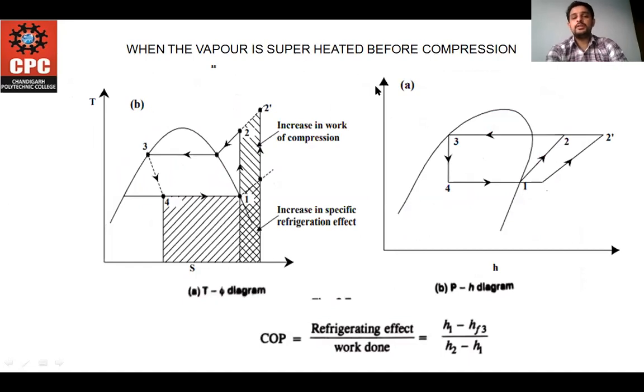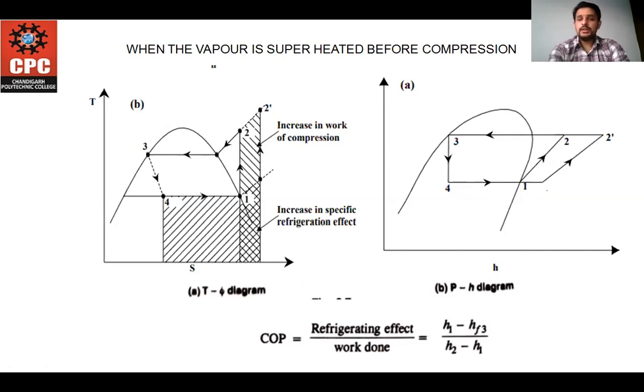Next is when the vapor is superheated before compression. As you can see in this case, they are telling that when the vapor is superheated before compression, this point 1 is the process in a general vapor compression refrigeration system.